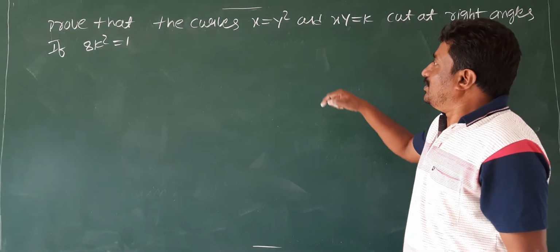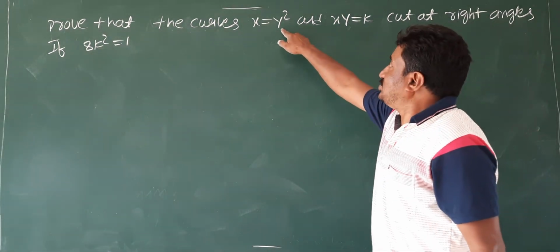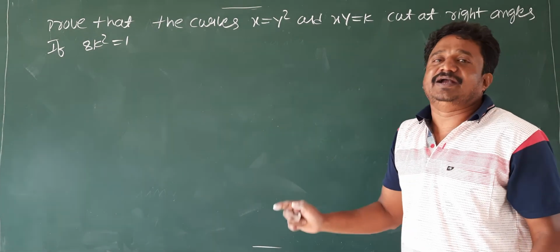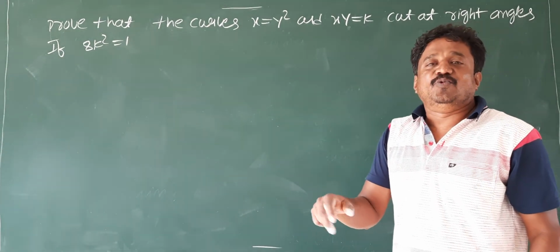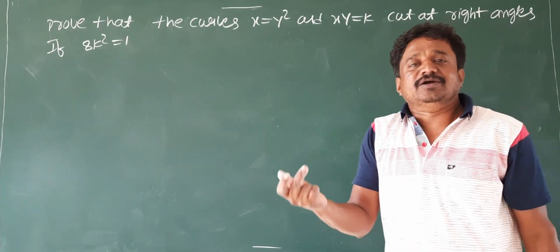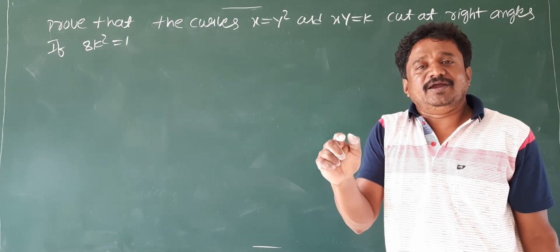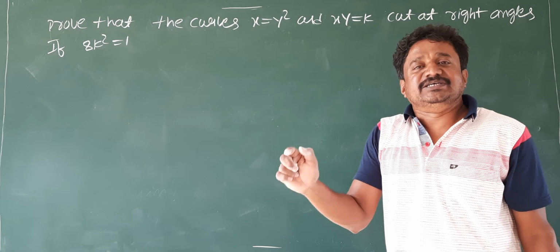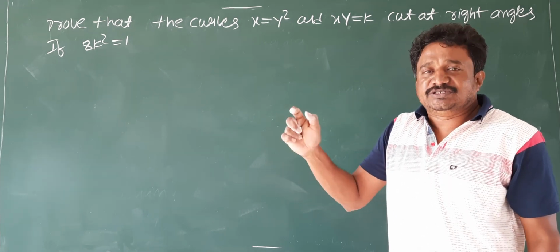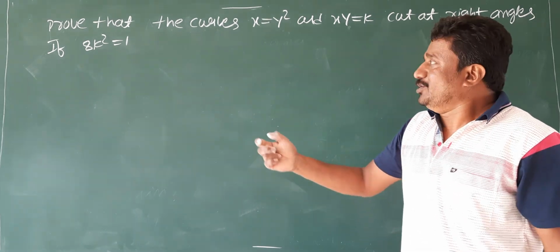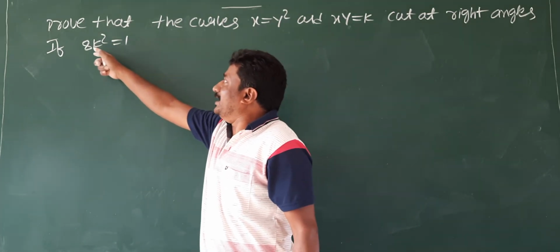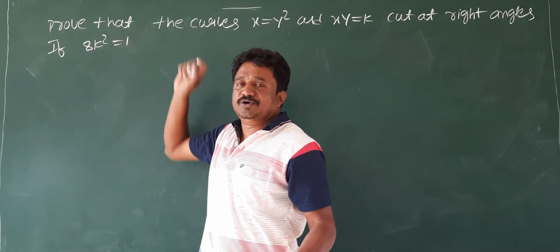You assume these two curves cut at right angles. What is the condition for cutting at right angles, students? m1 into m2 is equal to minus 1. Use that condition and you go for getting 8k square is equal to 1.